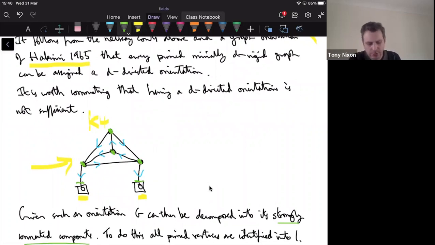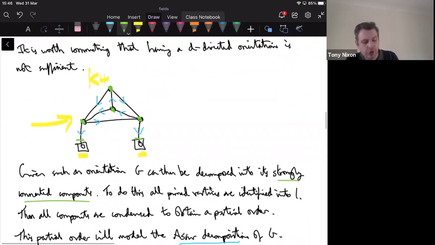So this is an example of an out-degree 2 for inner vertices, out-degree 0 for pinned, orientation of a graph, but it's not a nice rigid one. You can see for yourself that this thing will move. The whole K4 can move as a rigid block, which will be a non-trivial motion for a pinned framework.